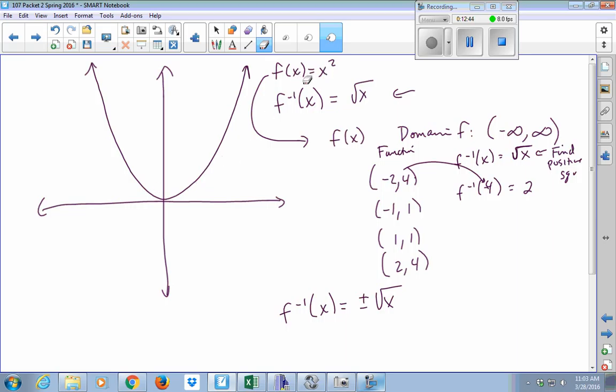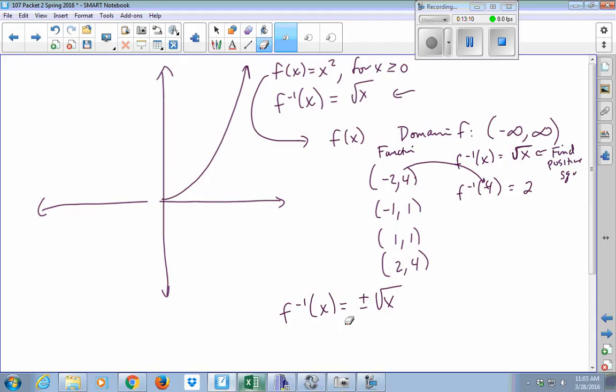If we say f of x is x squared for x greater than or equal to 0, then what happens is this part of your parabola disappears. This is what f of x equals x squared for x being greater than or equal to 0 would look like. Now this is the inverse, because this function says tell me all the positive square roots of x.